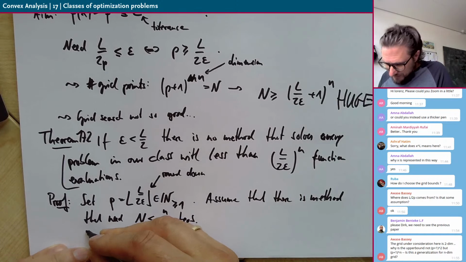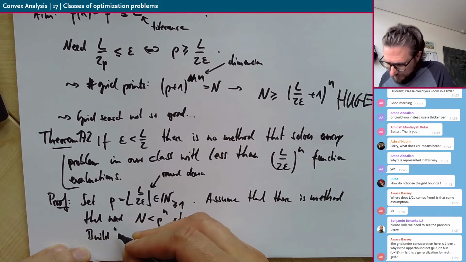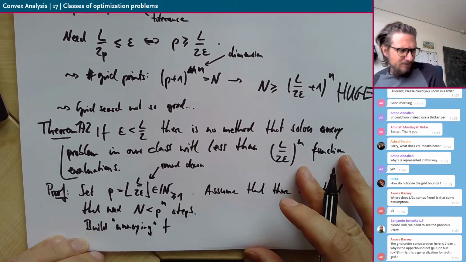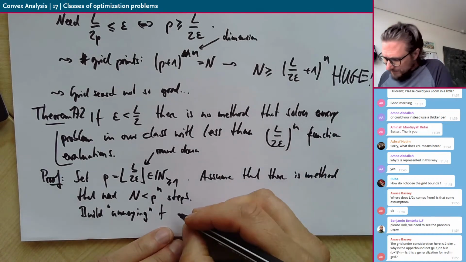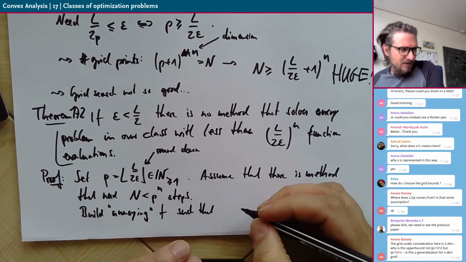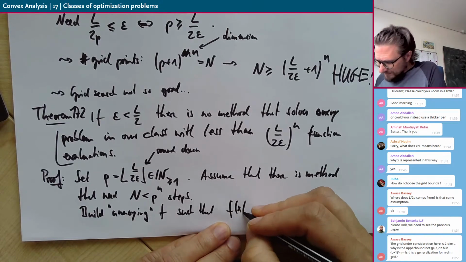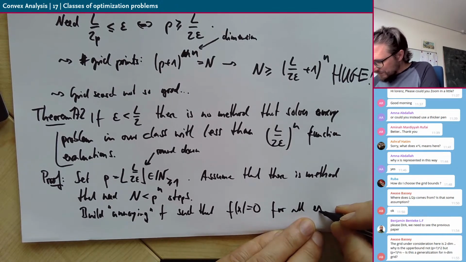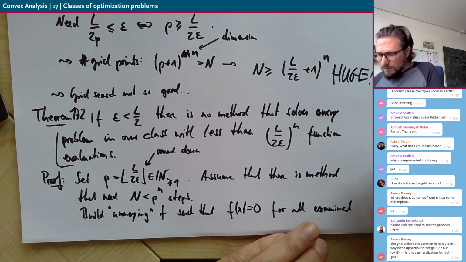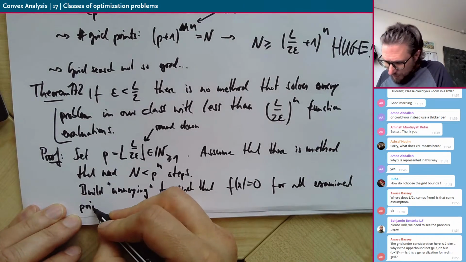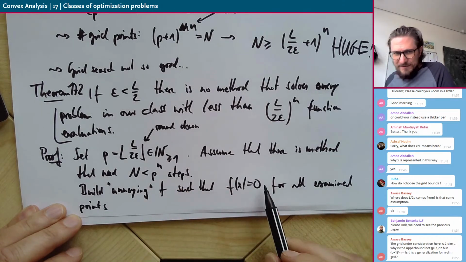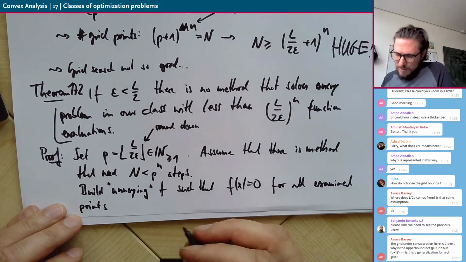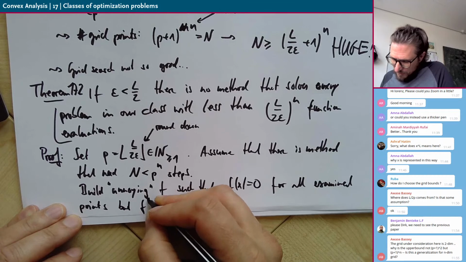Now the idea is to build an annoying f such that f of x equals 0 for all examined points. So wherever our algorithm has looked, for all the x the algorithm has looked at, we always see f of x equals 0, but f star is as small as possible.